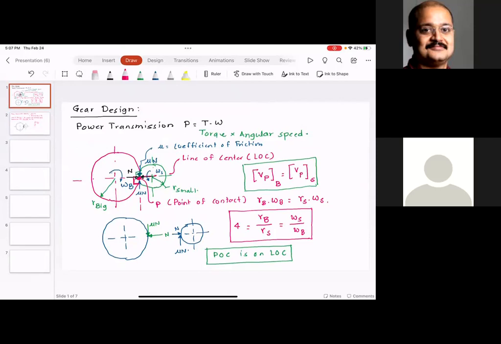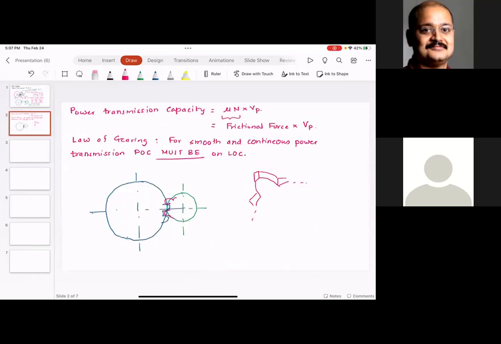But in the case of gears, because of the shape of the gear, or the gear profile, this force will be at an angle. And this angle is called the pressure angle.